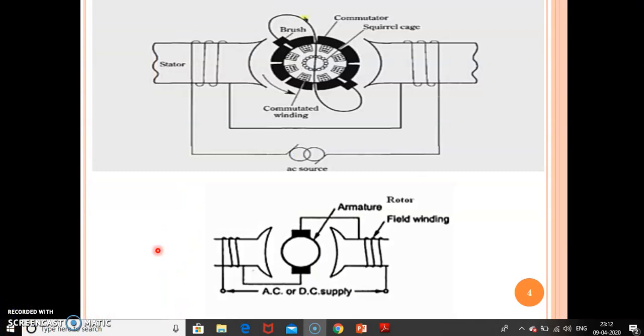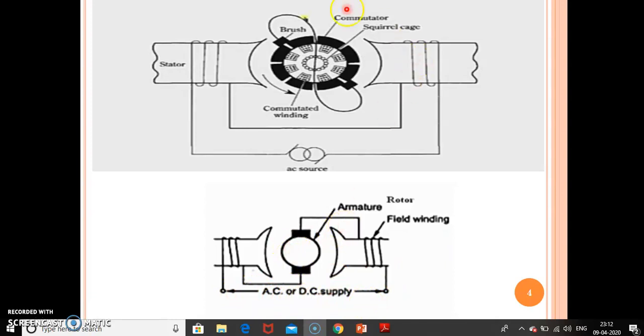Before going into the depth of this repulsion motor, let's compare it with the universal motor. In a universal motor, as we know, the single phase supply is exciting the field winding or stator winding, and it is also exciting the armature or rotor winding, and this armature winding and field winding are connected in series, and these two windings are excited with the help of a single phase supply or DC supply for the universal motor.